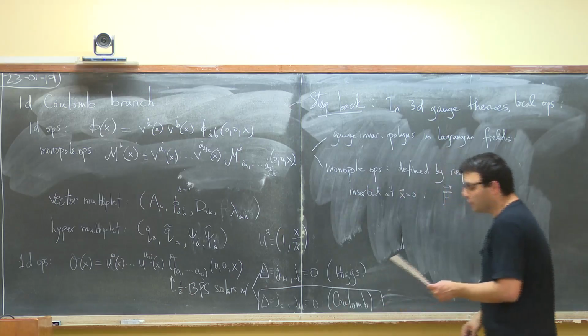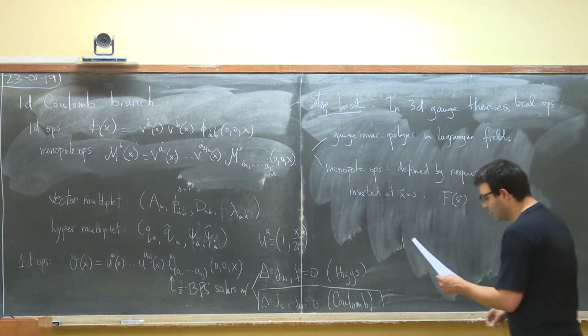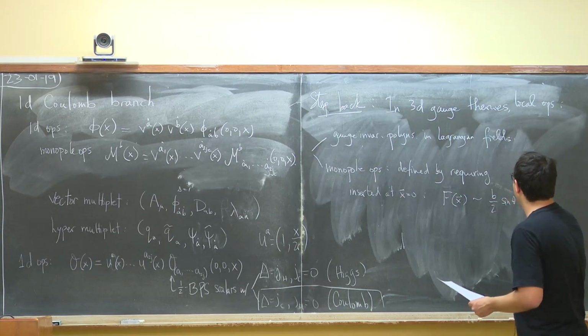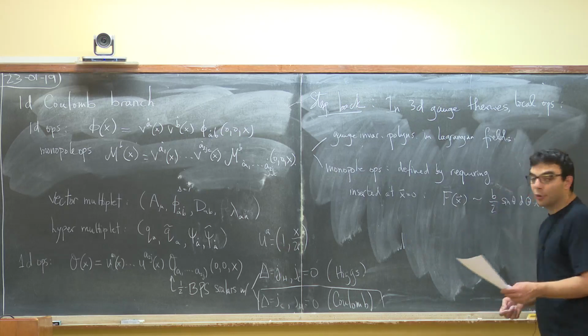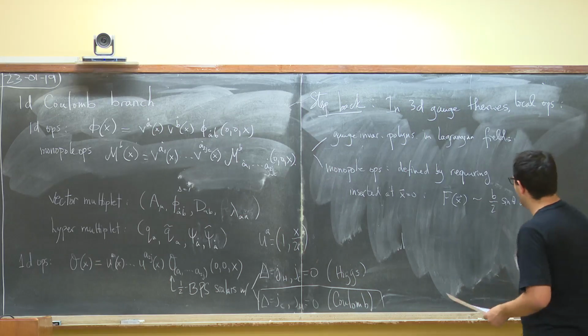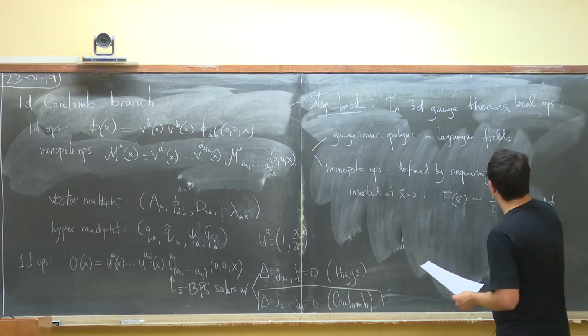The field strength F close to the origin should go like B over 2 times sine theta d theta d phi, the volume form on the two-sphere surrounding the origin, with this coefficient B over 2. That's my normalization. This is for the U1 theory, and it also works in the non-abelian case, where you specify the flux in each Cartan.